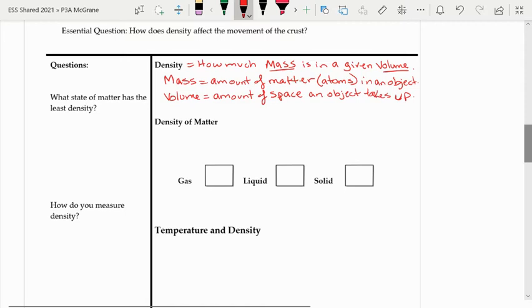Awesome. Density of matter. We need to look at all of these. We know that gas, liquid, and solids, they're forms of matter. Okay, that's really important. So all matter. And if they all matter, then they all have density.